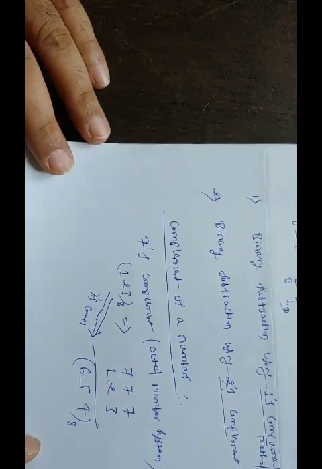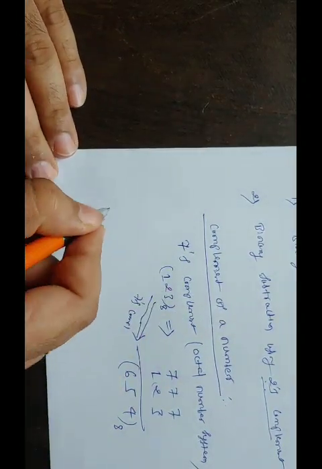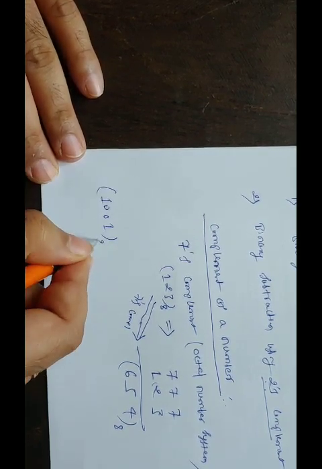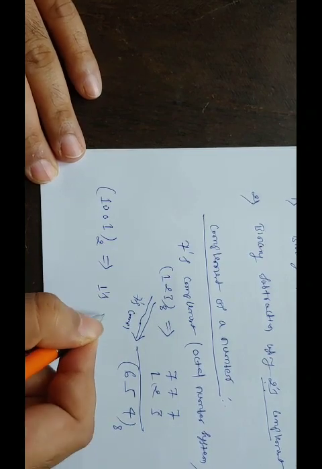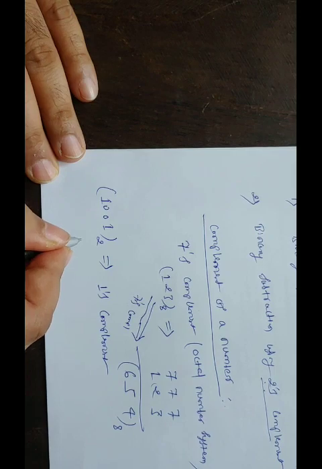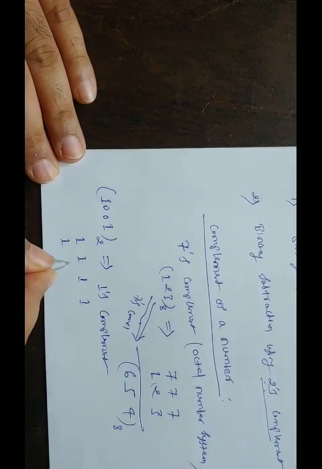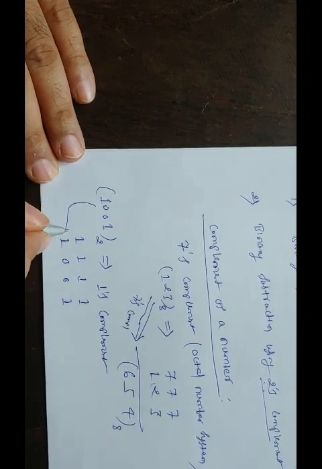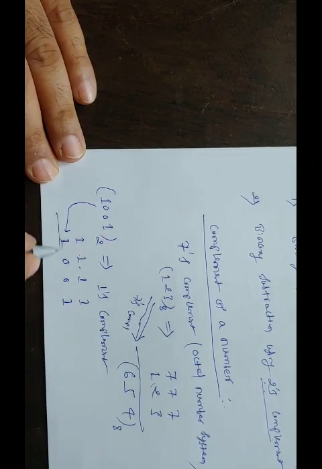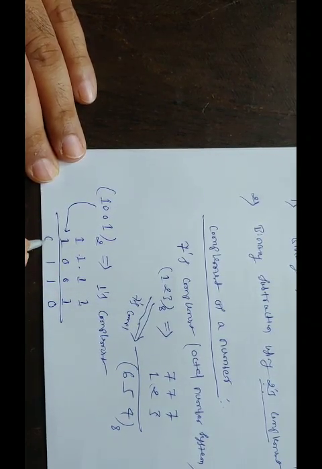This is also in octal, and this is nothing but your 7's complement of a number. Similarly, we can write 1's complement. Suppose the number given is 1001. How to find the 1's complement of this number? You have to subtract each digit from 1. So 1001 is your given number, I am subtracting from 1: 1 minus 1 is 0, 1 minus 0 is 1, 1, and 0.